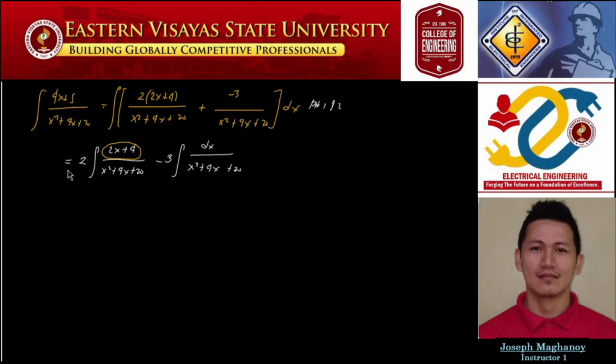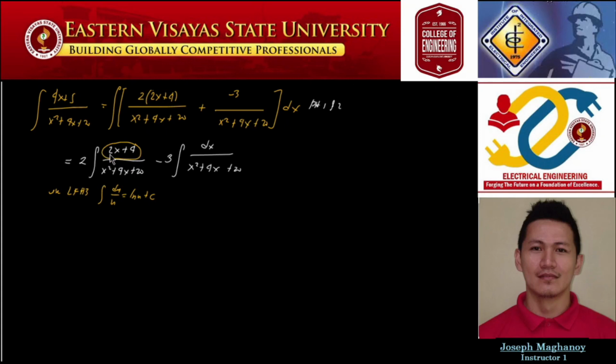So we use our logarithmic formula right away here. So if we recall, logarithmic formula number 3 is equal to du over u is equal to ln u plus c. So again, we don't integrate 2x plus 4 anymore since it's the first derivative of your denominator.